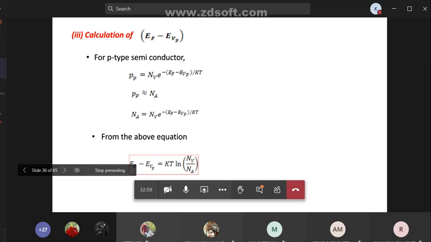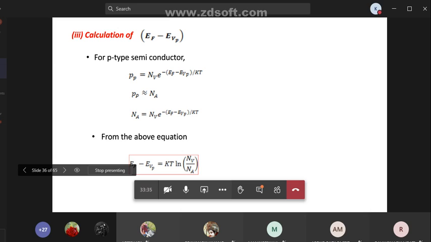Next, calculation of EF minus EVP. So from the diagram, how to calculate EF minus EVP? So for p-type semiconductor, we can write PP equal to NV into e power minus of (EF minus EVP) by KT. So you need to remember some equations in n-type semiconductor and in p-type semiconductor, right? So PP equal to NA.